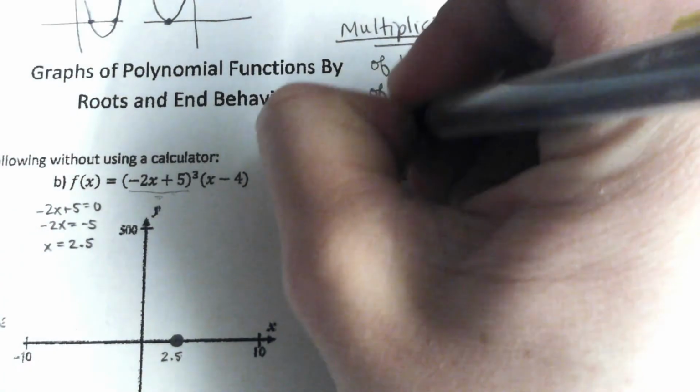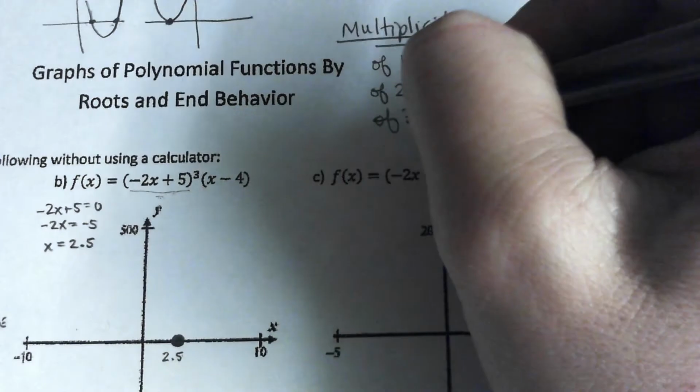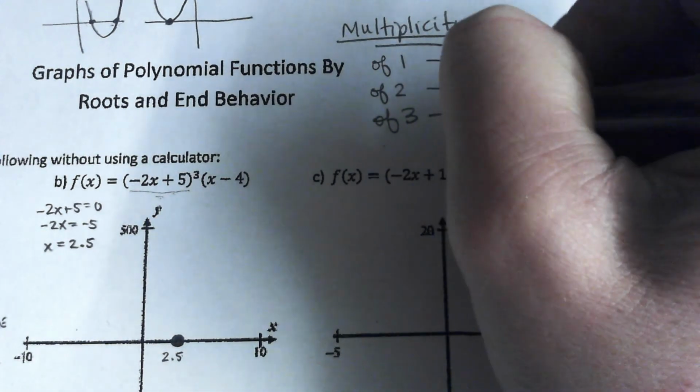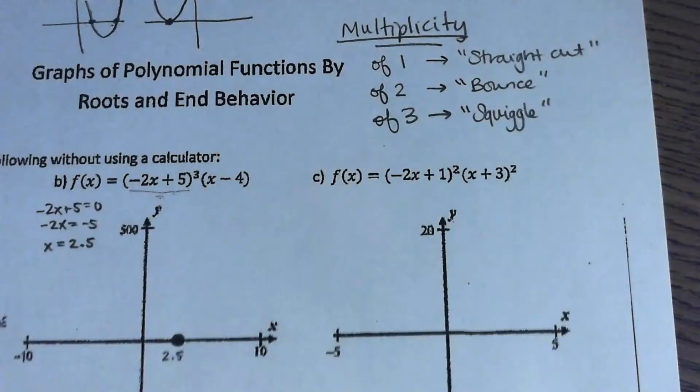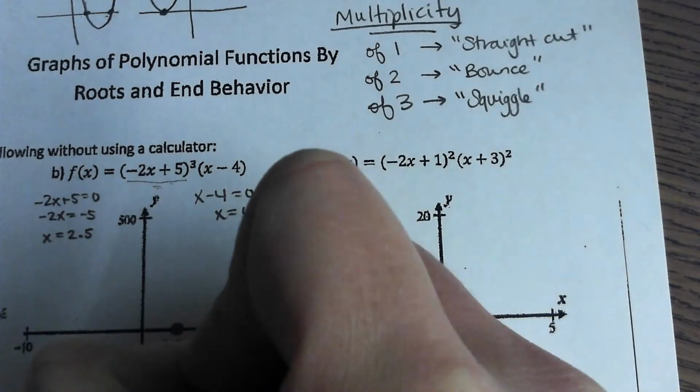So this is the last one I'll tell you about. A multiplicity of 3 we're going to refer to as a squiggle. You'll see why I say that once you see it in action. And then x minus 4 has a degree of what? 1.